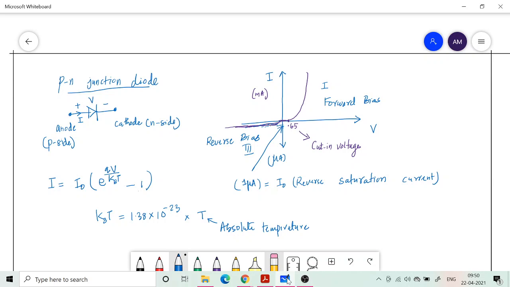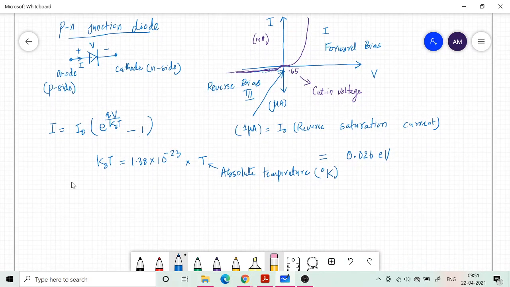Okay, so if you take the value for T equal to 300 degree Kelvin, in degree Kelvin, room temperature we usually take as 300 Kelvin, this value turns out to be 0.026 electron volt.